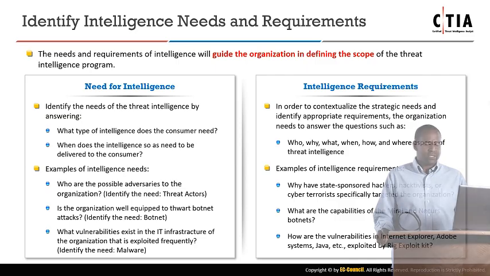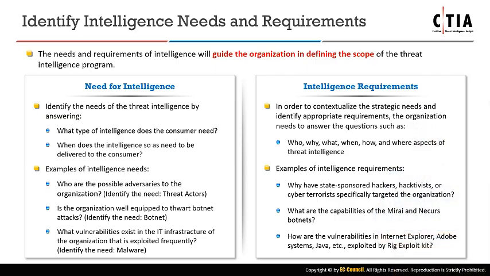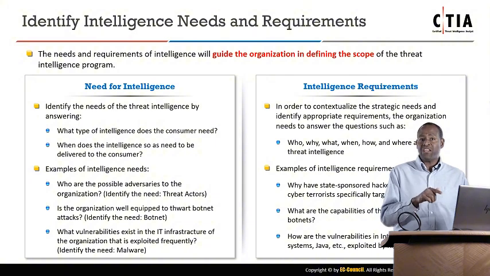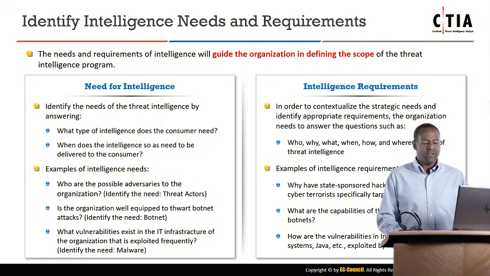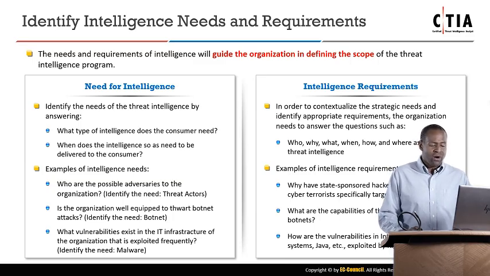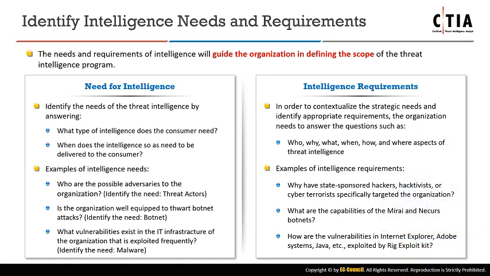What are the capabilities of the Mirai and the Nakors botnets? There are a couple of different botnets. What are their capabilities? And how do those capabilities relate to your organization? Is your organization vulnerable to not only those two types of botnets, but others? Next, we ask, how are the vulnerabilities in Internet Explorer, Adobe systems, Java, and the RIG exploit kit being exploited in your organization?